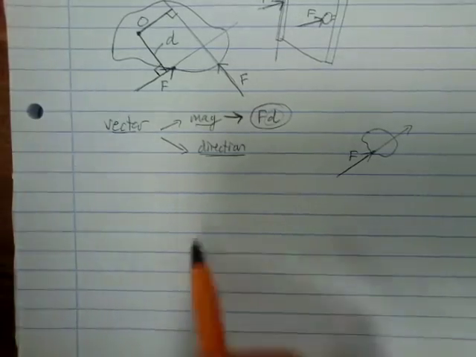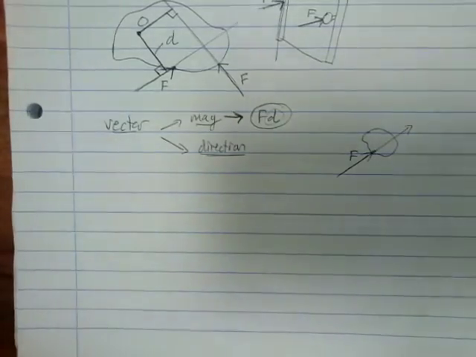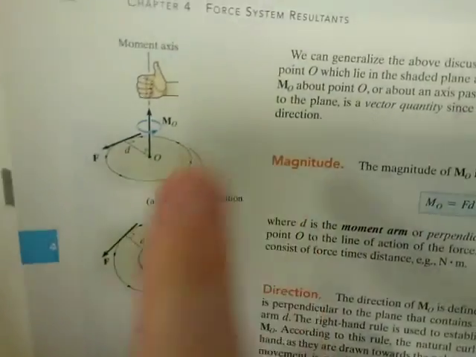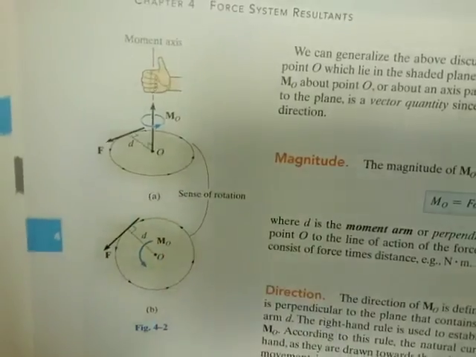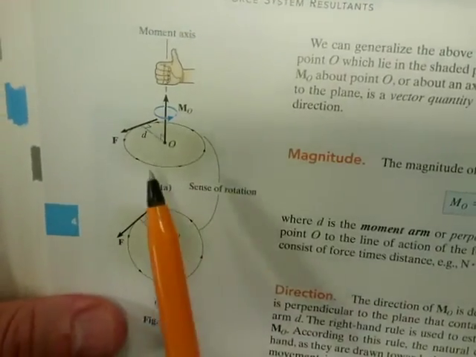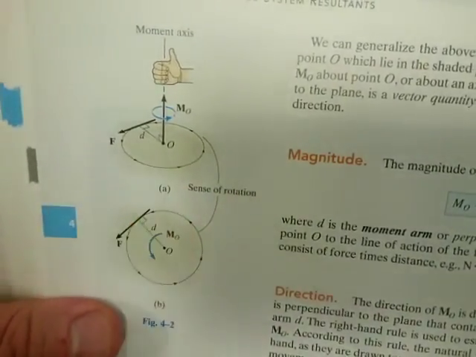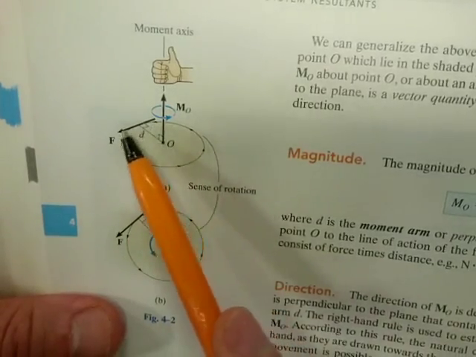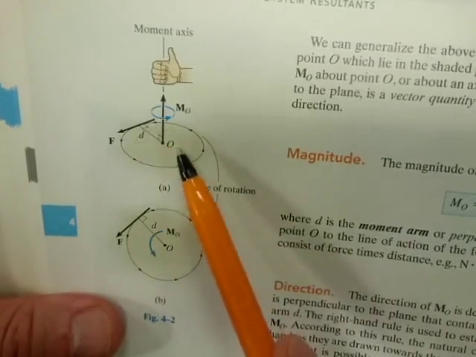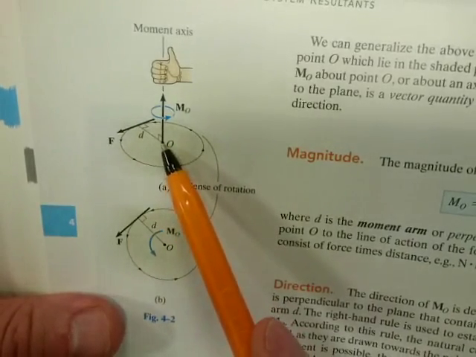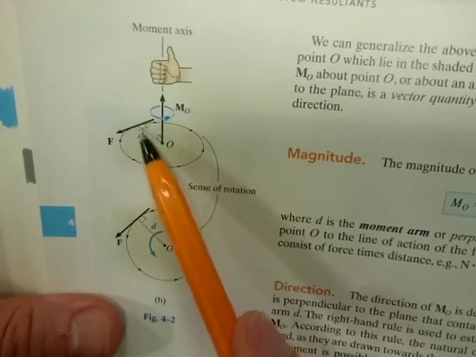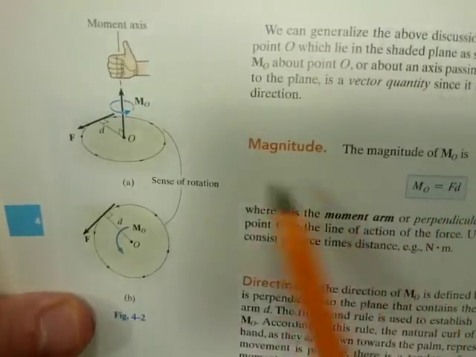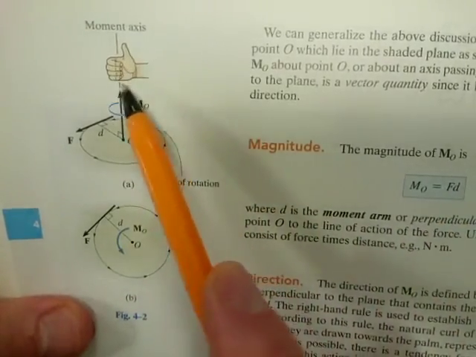When we talk about the direction of a moment, it is essentially based on the right-hand rule. So let's go through some of the mechanics of it, and then we will look at the intuitive, deeper understanding. If I have a force there, I'm applying a force about point O, I calculate my moment on D, and I'm able to calculate a magnitude. But now the direction of the moment is based on the right-hand rule.